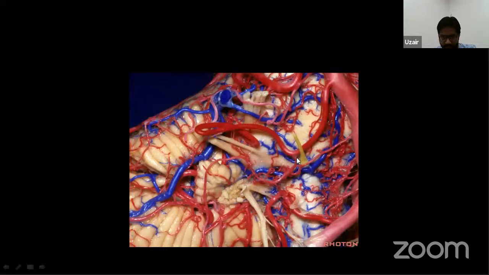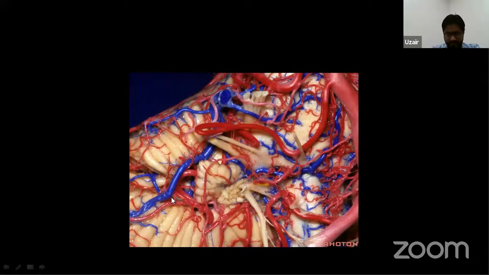Obviously, that cannot be appreciated in the bunch of these vessels. Then we have the 7th cranial nerve, the facial nerve. Then we have somewhat thick fibers of the 8th cranial nerve originating from the pons, and then we have this small 9th cranial nerve. Hopefully you can appreciate this highlighted yellow portion.